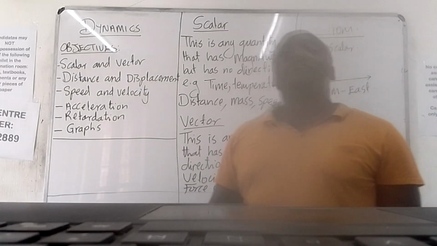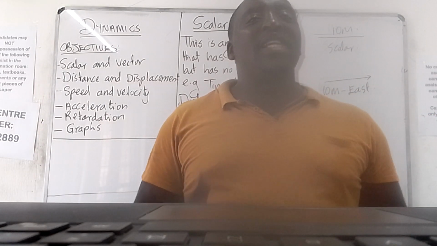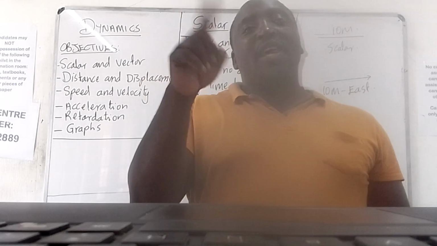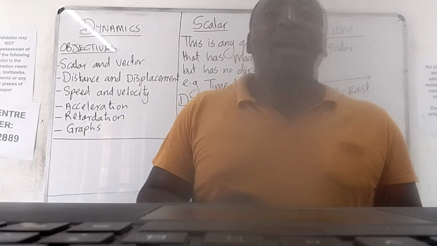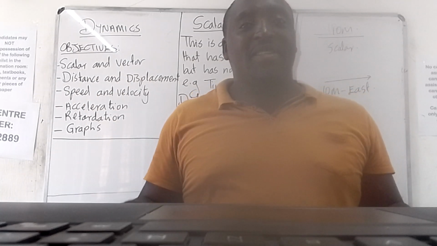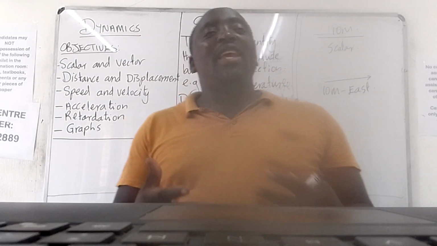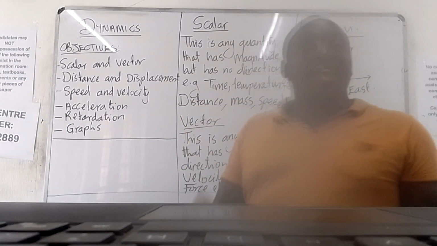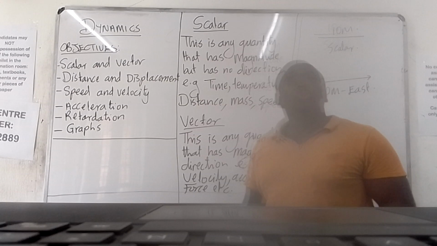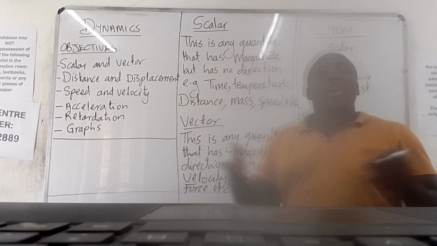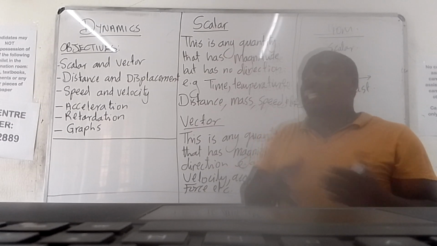Like speed, you can say 10 kilometers per hour, like the reading on a car speedometer. But which direction, it doesn't state. So that is just a quantity, it does not have direction. But if we say 10 kilometers per hour northeast, it is no longer a scalar, because it has quantity and direction.